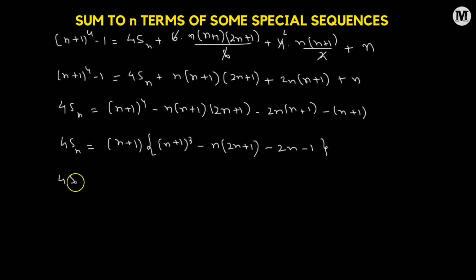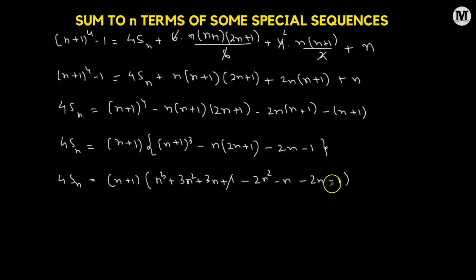So let's expand (n plus 1) whole cubed. That's going to give us n cubed plus 3n squared plus 3n plus 1 minus 2n squared minus n. Then we have negative 2n minus 1.